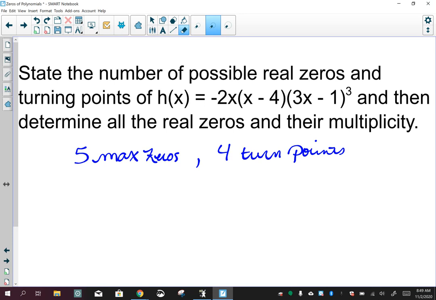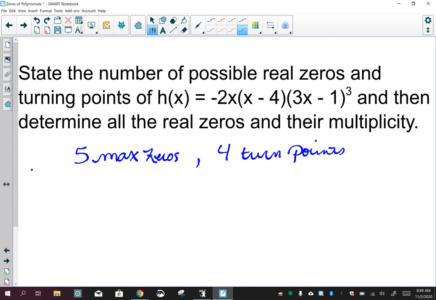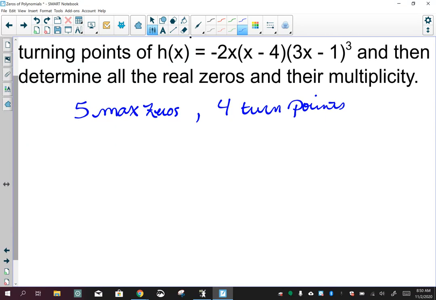The nice thing about this one, it's already factored for us. So all we have to do is set each one of these equal to 0. So I've got negative 2x, and that's going to be equal to 0. I've got x minus 4, that's going to be equal to 0.